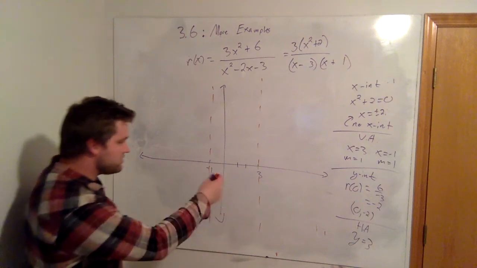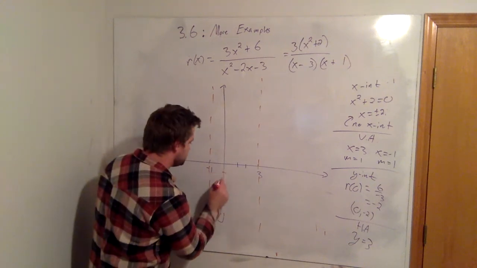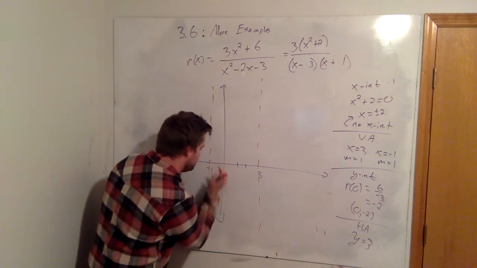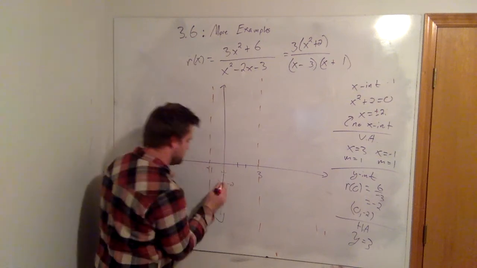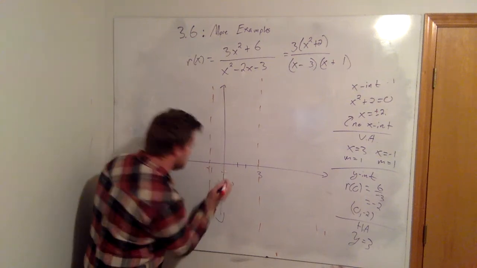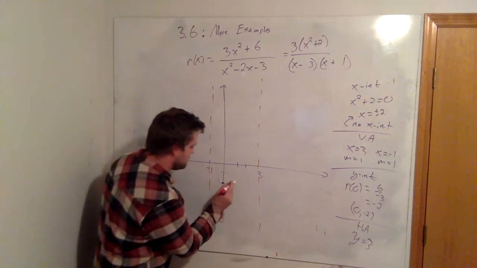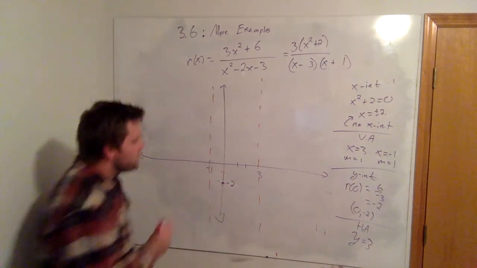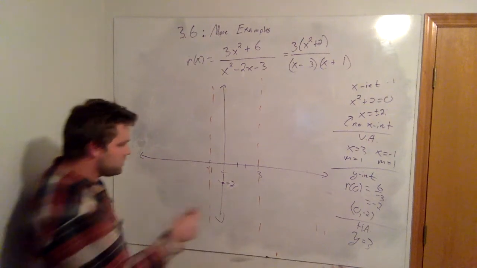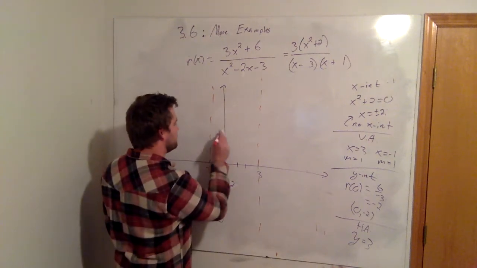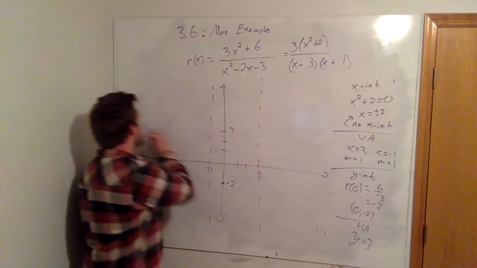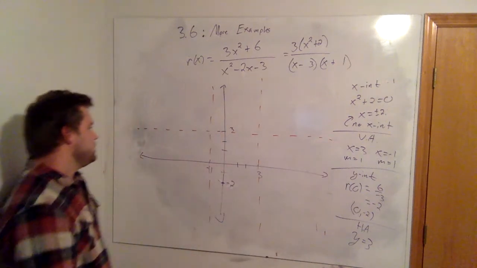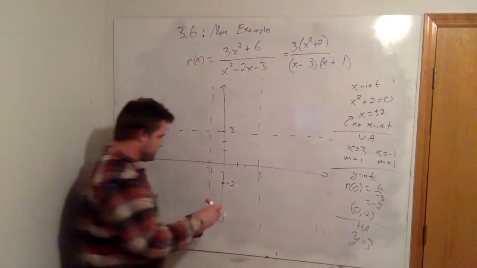Okay, let's see, our y-intercept's at -2. Okay, and what else do we know? We have a horizontal asymptote at y equals 3, the line y equals 3. So here's 3. I have this horizontal asymptote.